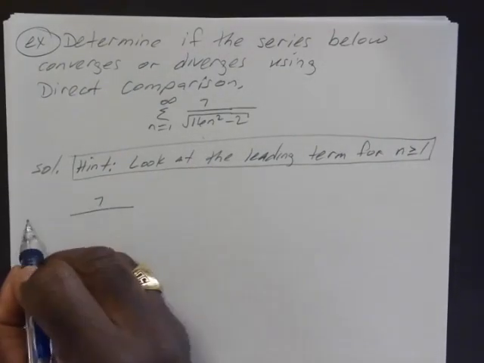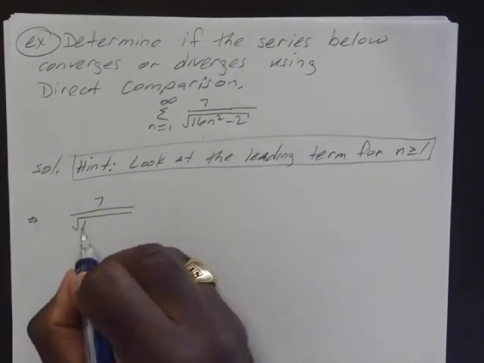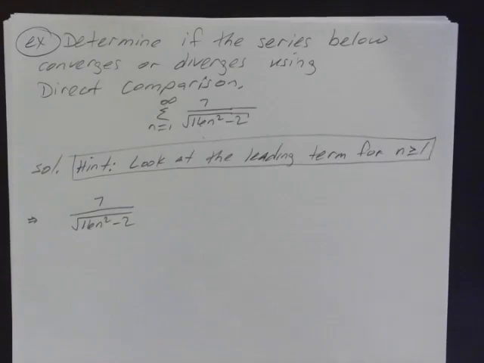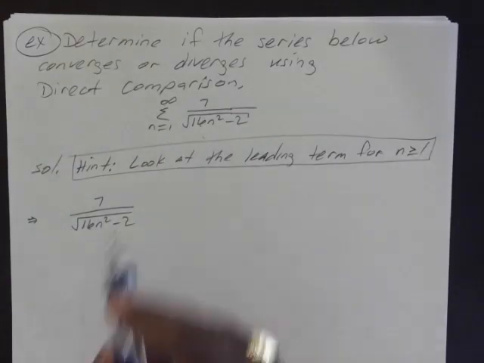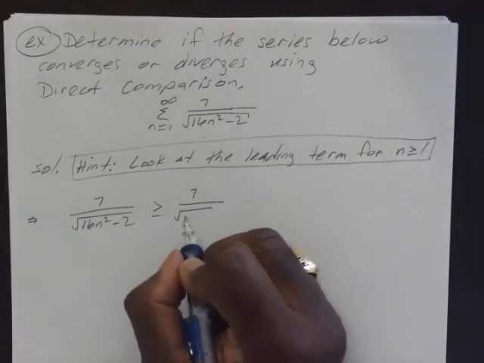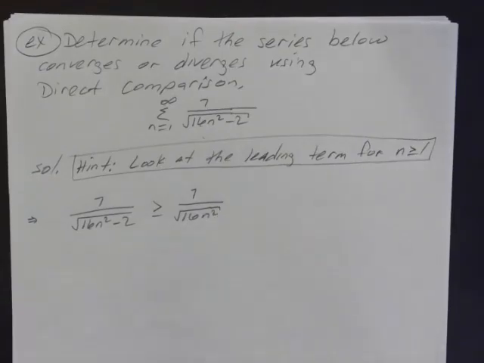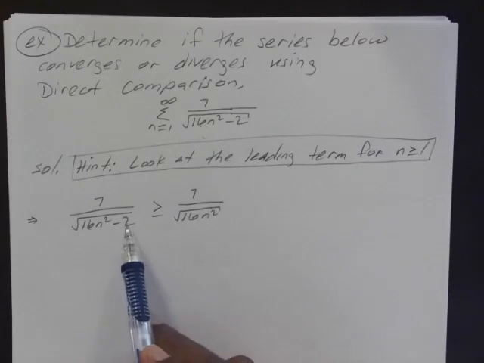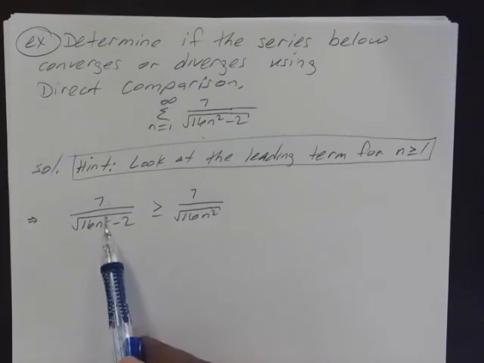If we have 7 divided by the square root of 16n squared minus 2, we know that's greater than or equal to 7 divided by the square root of 16n squared. Think about when the denominator is just a little bit smaller, the fraction is bigger. That's like saying 7/8 is bigger than 7/9.